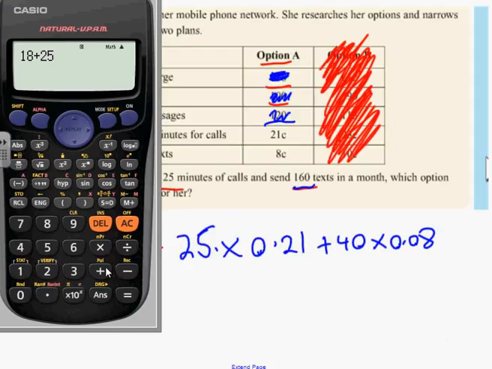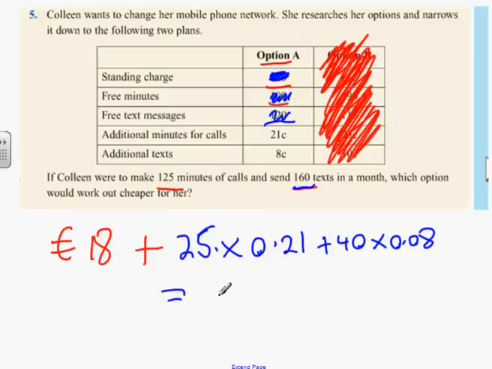What do you get, Barry? 40 multiplied by 0.08. And what we have here is 26.45, what Barry said. So option A costs 26.45.